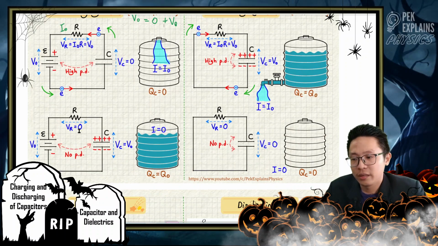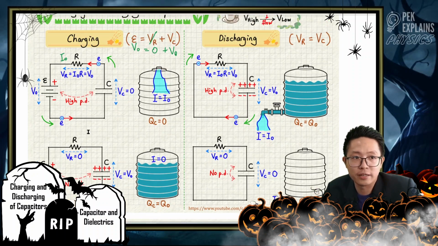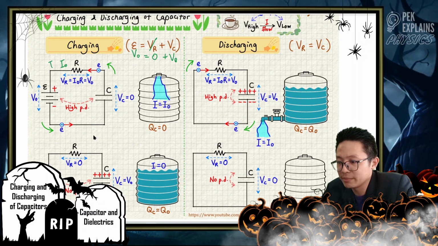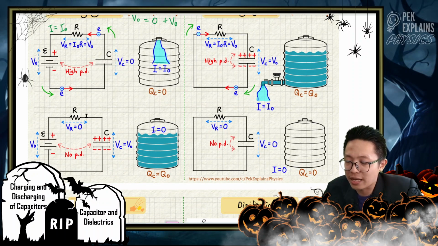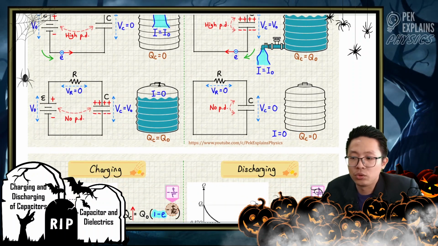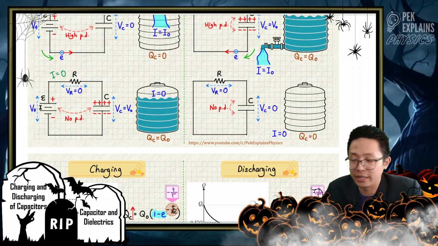Okay. Also one more thing, because the current now is zero. Last time the current was maximum, so maximum current multiplied by resistor gave us maximum voltage across the resistor. Now, after finishing charging, no more water is flowing into the tank. That means it's like the current is zero. No more current is flowing in the circuit.